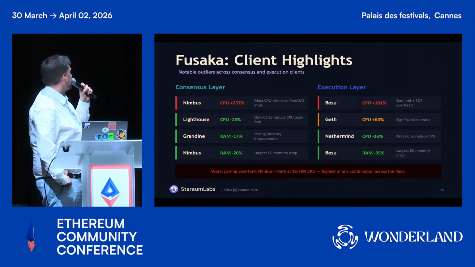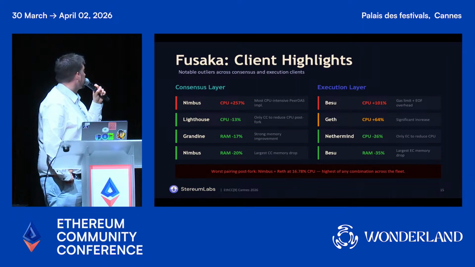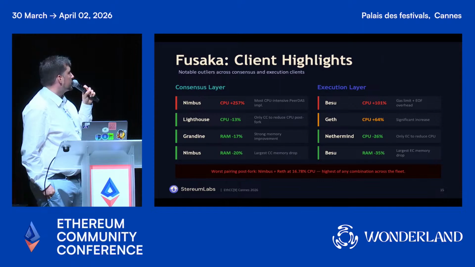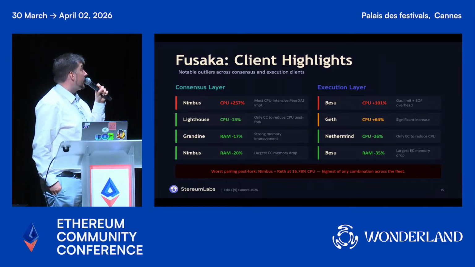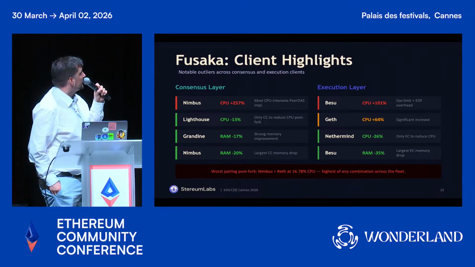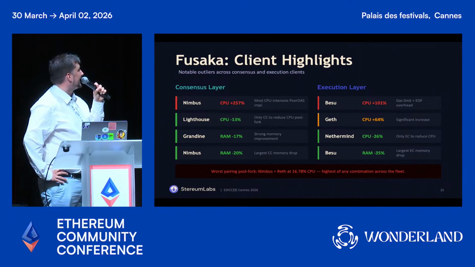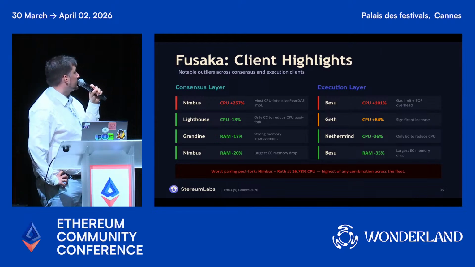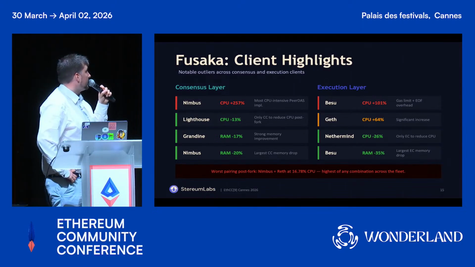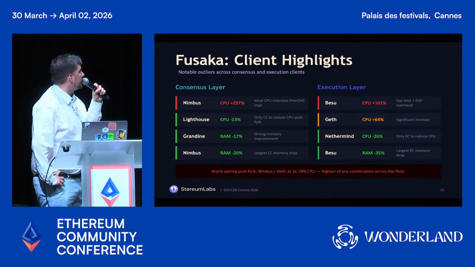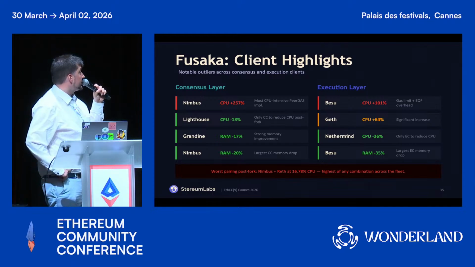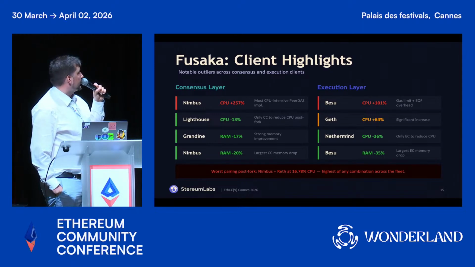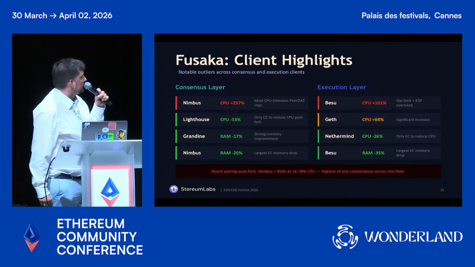Lighthouse is the lightest. And Grandine and Nimbus both have a very significant memory improvement. On the execution layer, Besu has the most overhead, and Nethermind is the only implementation that reduces CPU. And Besu has a 35% drop in EC memory.